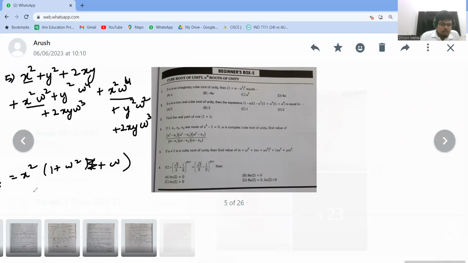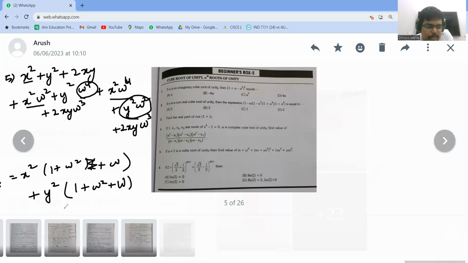Now those terms where y square is common, there we can take y square common, so terms left will be 1 plus omega raised to 4, which I wrote as omega, and from here we have omega square, and other than this we are left with 6xy. Now these are 0, answer is 6xy.